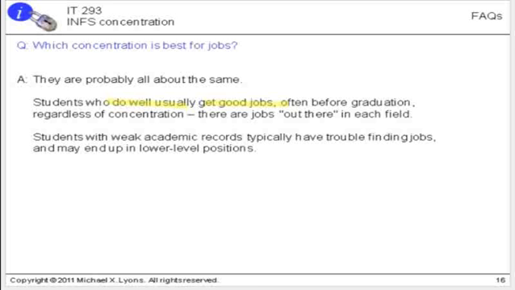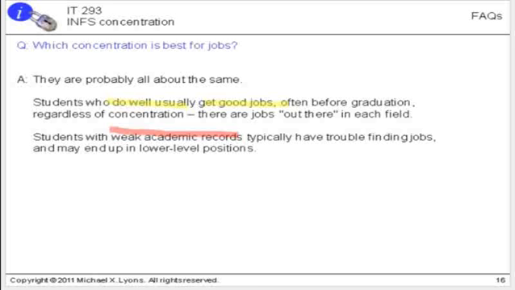On the other hand, if you have a weak academic record, if you graduate with a poor GPA, lots of D's on your transcript, particularly in your final couple of semesters, when you do the capstone sequence, IT 492, 493, that is very important because that shows your ability to work in a team on a real business project.